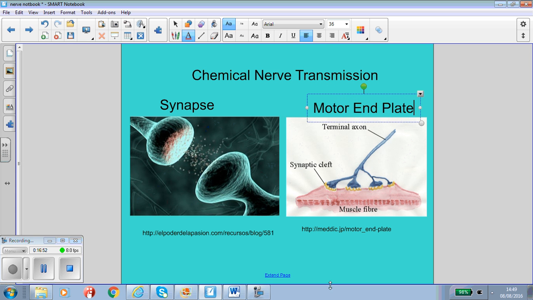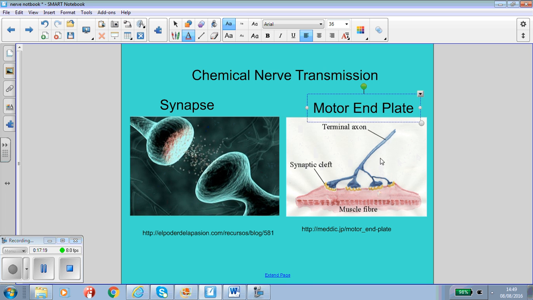And that's what we're looking at here in sort of very simple diagrammatic form. So if we think this is the terminal bouton of one neuron, and this is the dendrite of the next neuron, the impulse cannot pass through action potential because this is one cell to another. There is a gap between them.